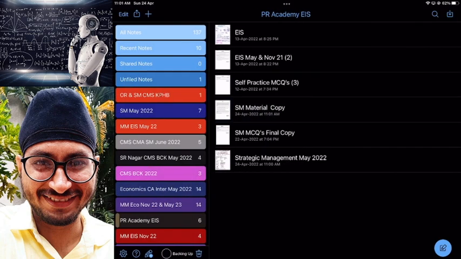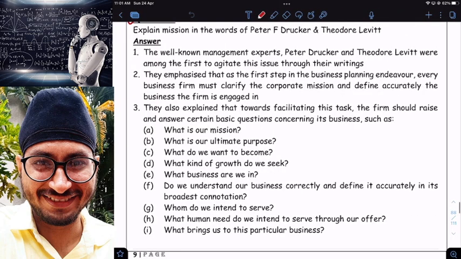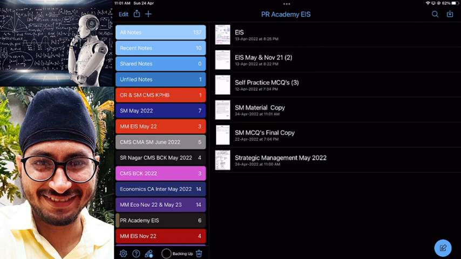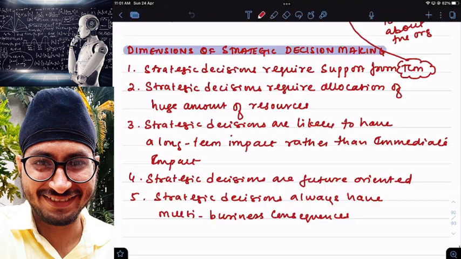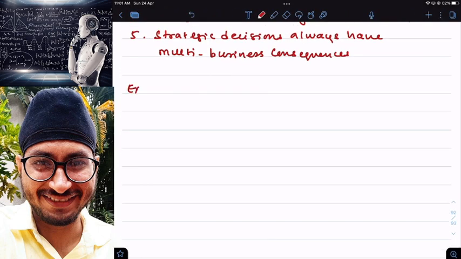Now let us see examples of long-term objectives. Very small chapter but very important for MCQs.